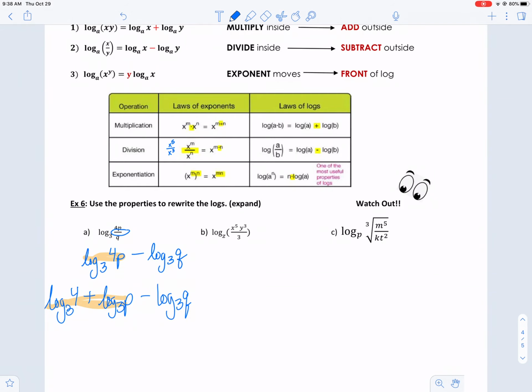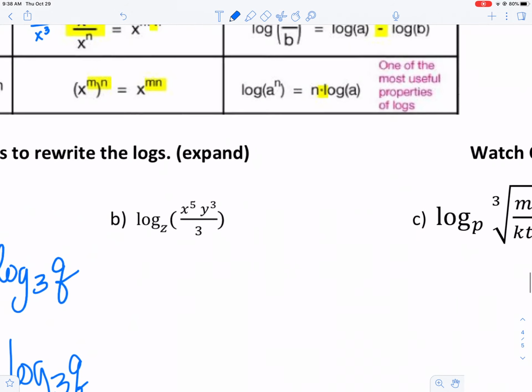All right, so now we're going to do the same thing with b. Notice B, we've got division again. So the first thing I'm going to do is take care of that division sign, and it's going to be subtraction, right? Log base z. I put a little thing in the middle of that z so it doesn't look like a 2. But log base z of x to the 5th and y to the 3rd. If you want to put parentheses around those, you can, but you don't have to.